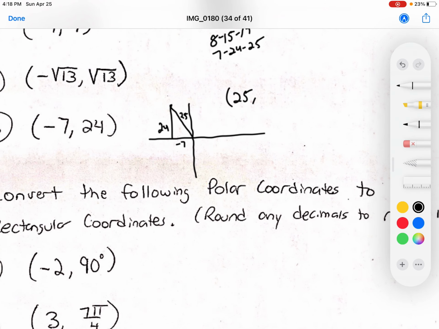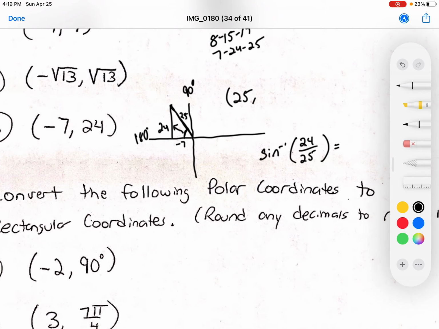All right, so now we have to figure out what the radian is. What we're going to do is first figure out the degree. I know this is somewhere between 90 degrees and 180 degrees. We just have to figure out exactly where. First, we're going to figure out the degree in the triangle, using our inverse trig functions. Any one you want to use. We have all three sides of the triangle. You can do sine inverse, cosine inverse, tangent inverse. If we did sine inverse, that would be 24 over 25.